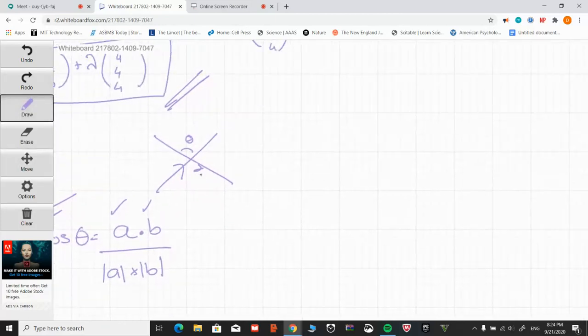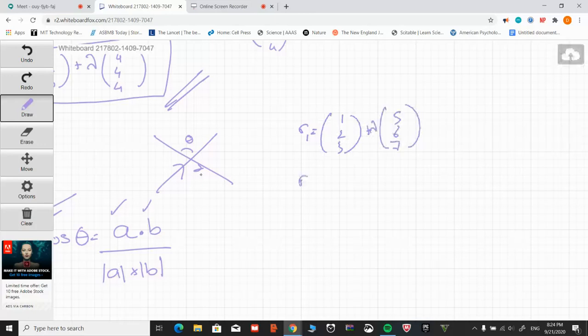However, suppose I give you two vector equations. R1 is (1, 2, 3) plus lambda times (5, 6, 7), and R2 is (8, 9, 10) plus mu times (0, 1, 5). What did I give you?